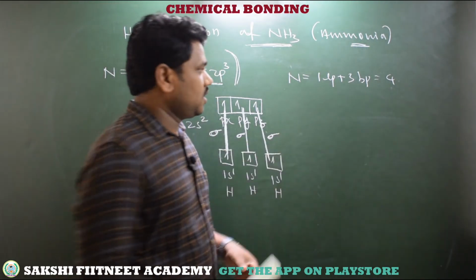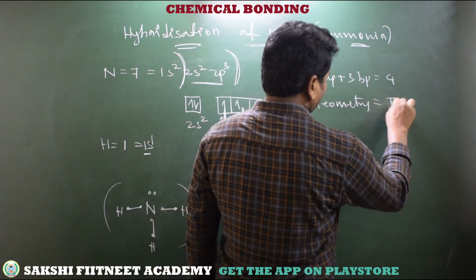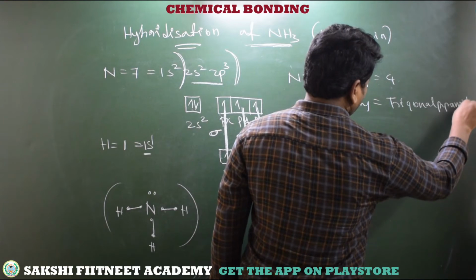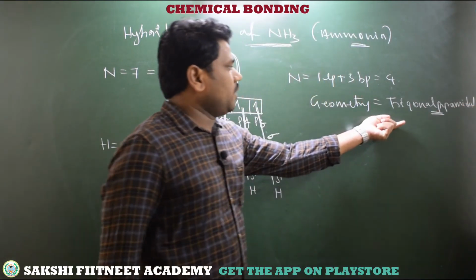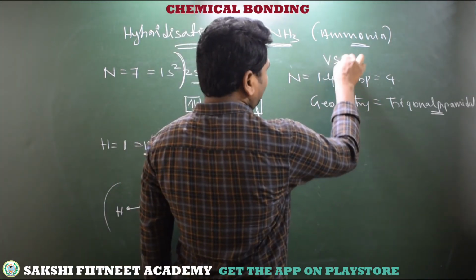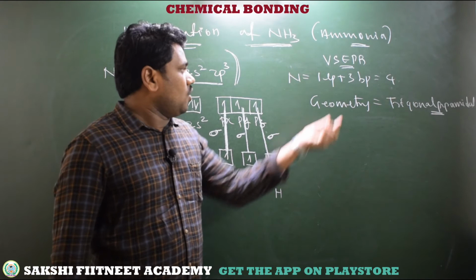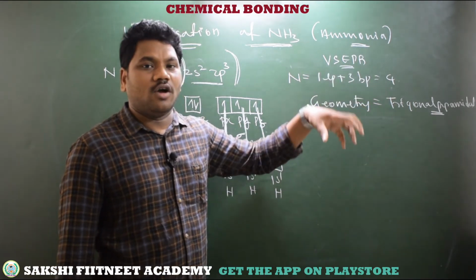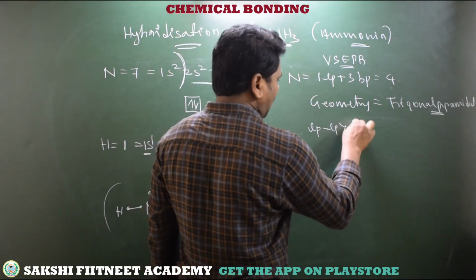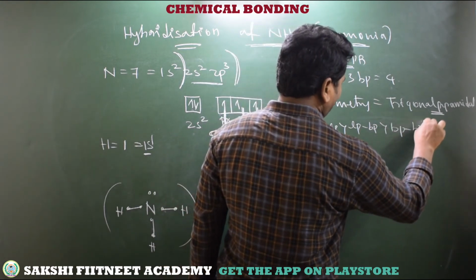So what about the geometry? The geometry is trigonal pyramidal. Why are we getting this geometry? This geometry is due to Valence Shell Electron Pair Repulsion theory. According to this theory, when the element shows lone pairs as well as bond pairs, there is lone pair-bond pair repulsion and bond pair-bond pair repulsion.